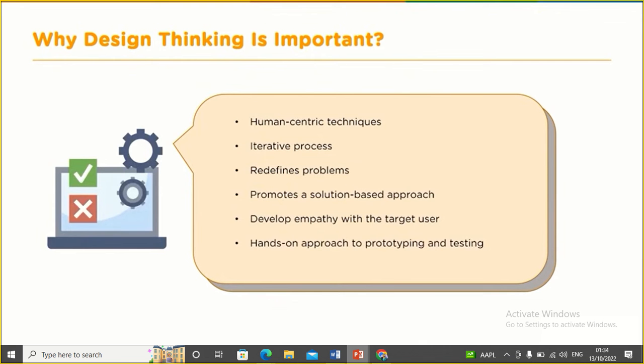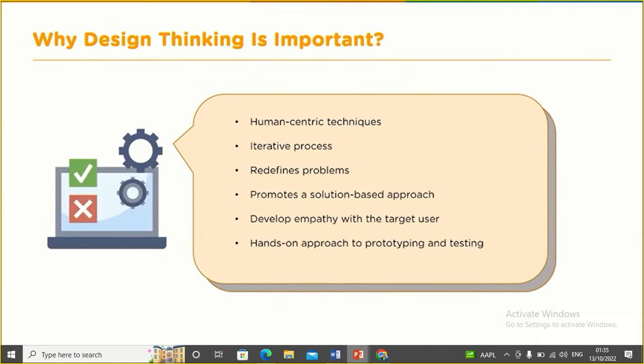Let's discuss why design thinking is very important. So we have just discussed the Pepsi company and their innovations, how they cater to the interest of customers. Now we are going to discuss why design thinking is very important, why it is chosen by all the companies as one of the important activities.